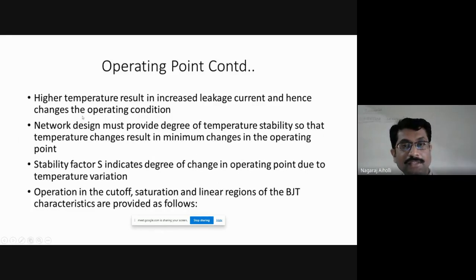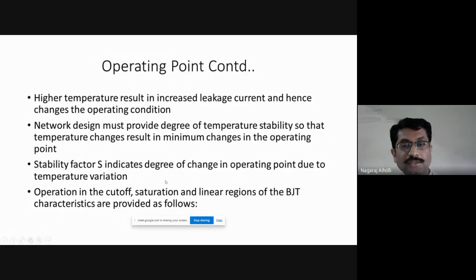If there is a change in temperature, there is a change in leakage current, and hence a change in the operating point also. The circuit will get affected, so we have to always see that the change in temperature is minimum so that the circuit does not get affected. The stability factor indicates the degree of change in operating point due to temperature variation.